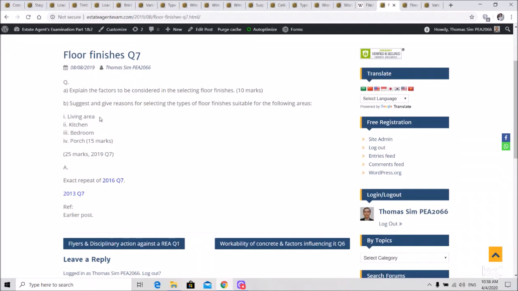So for this, the marker will give high marks only if you write a lot. But for the car porch, you cannot write a lot anyway, so probably you get full marks there. But whether each and every answer is 4 or 3.8 marks is hard to say. It's up to the lecturer, up to the marker. So anyway, we just continue.